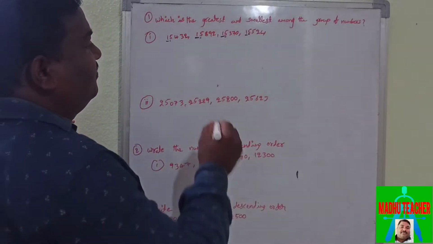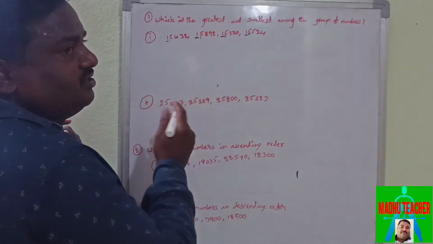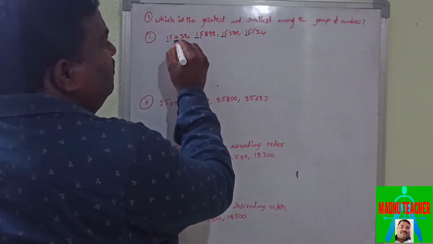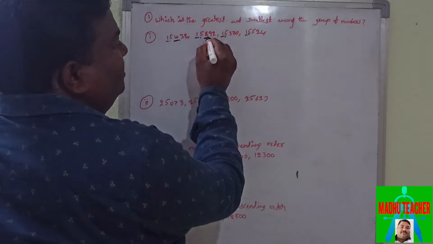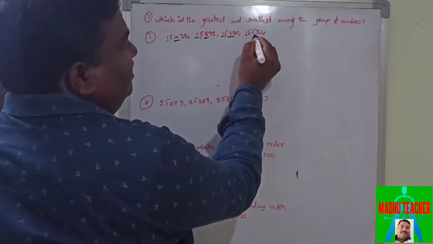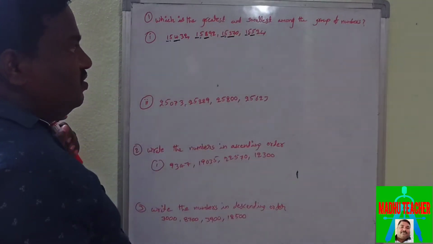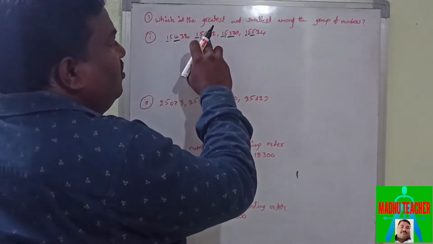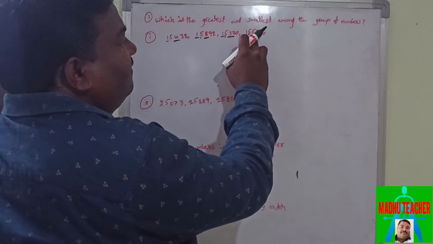This is also the same. Next the third digit from the left: 4, 8, 3, 5.